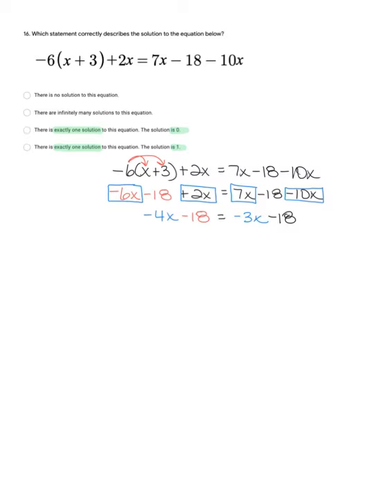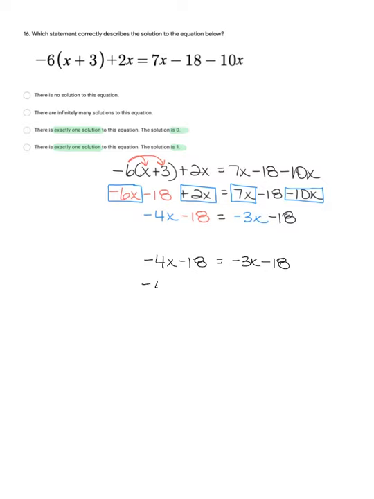So we can just go ahead and substitute 0 in the equation. First, let's rewrite the equation. So we have -4x minus 18 equals -3x minus 18. And we're going to just substitute 0 in the equation for x and see if the equation is true.